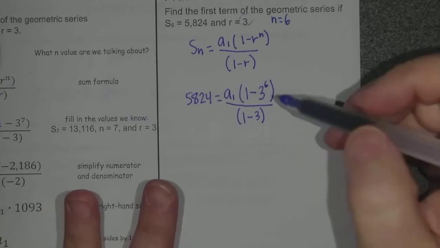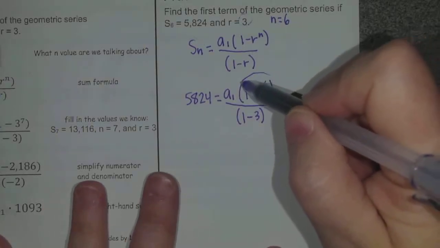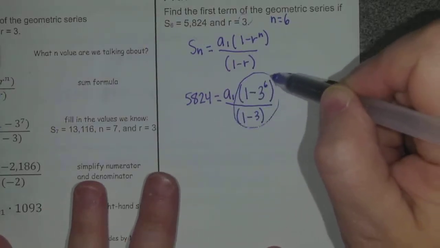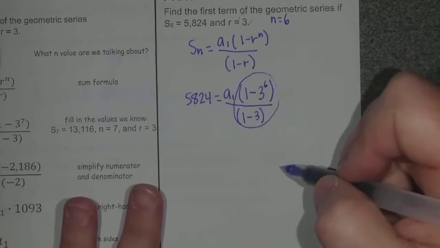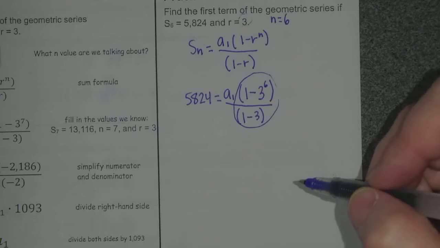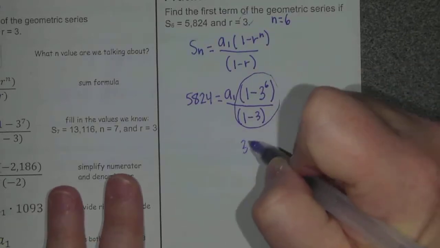Okay. So really, you guys, what you can do right here is punch all of that in your calculator at once as a fraction, as long as you put the parentheses around it where I have the parentheses around it. What'd you get? 364? I can't hear you. 364.